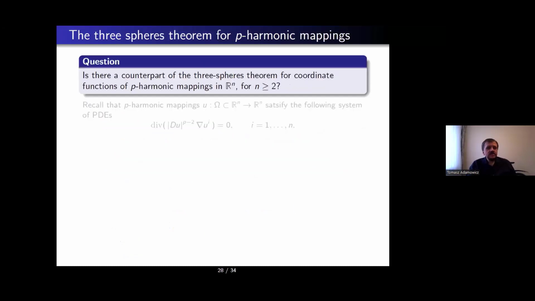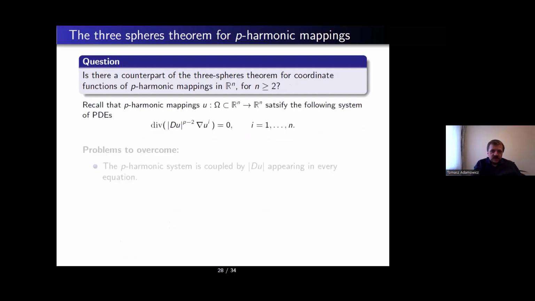So let's address the question if we can study the three spheres theorems for a given coordinate function of a p-harmonic mapping in Rn for n at least equal to 2. For this, recall that the p-harmonic mapping from a set in Rn with values into Rn satisfies the following coupled system of equations.